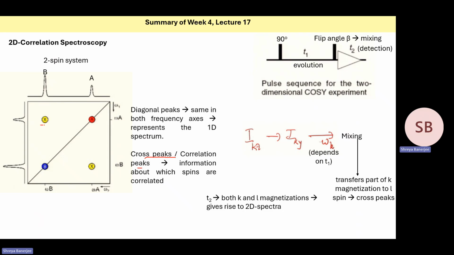For this peak, you draw a horizontal and a vertical. You can see that this peak is made up of the cross section, wherever A and B are meeting, that is where this peak is formed. The information that this gives you is that A and B are correlated.